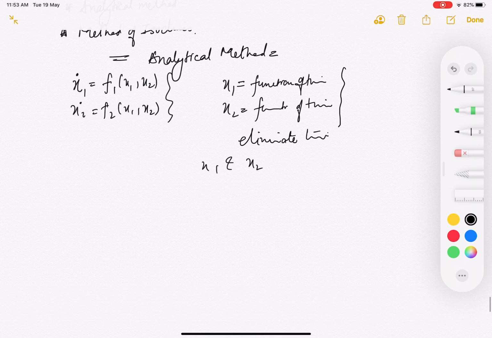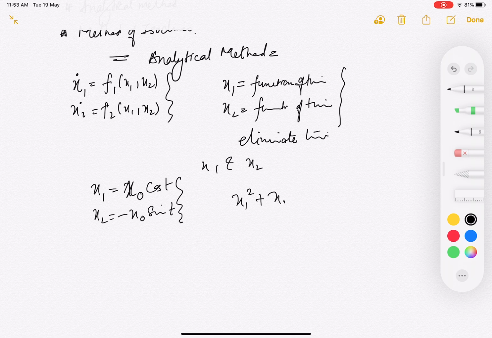This we did in the last lecture, wherein we got x1 is equal to x0 cos t, x2 is equal to minus x0 sin t, and then we eliminated these two to get x1 square plus x2 square is equal to x0 square. So this is one way of doing it analytically.